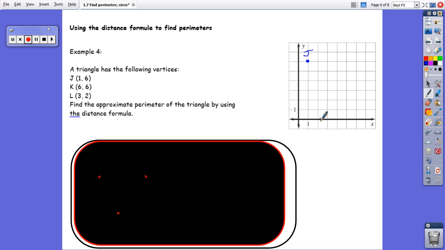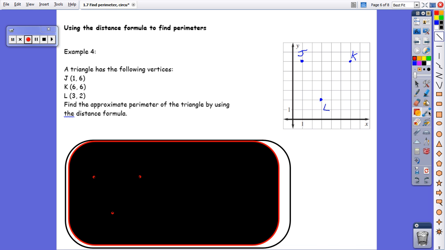There's 1, 2, 3, 4, 5, 6, and up 6. So here is K. And L is 3, 2. 1, 2, 3, 1, 2. Right, and go ahead and draw lines between those points.